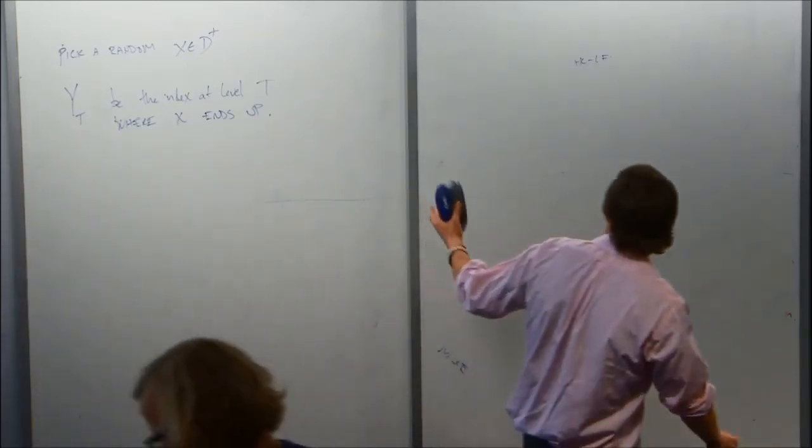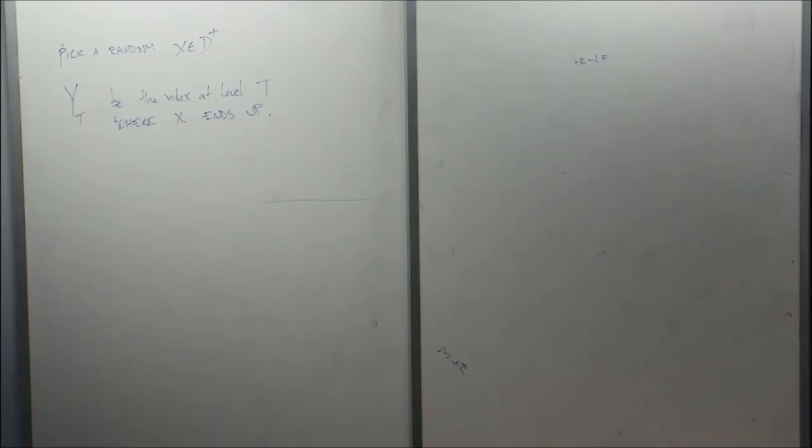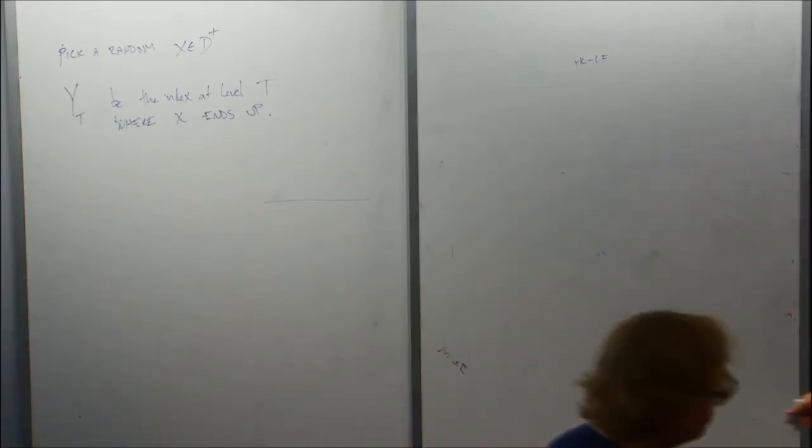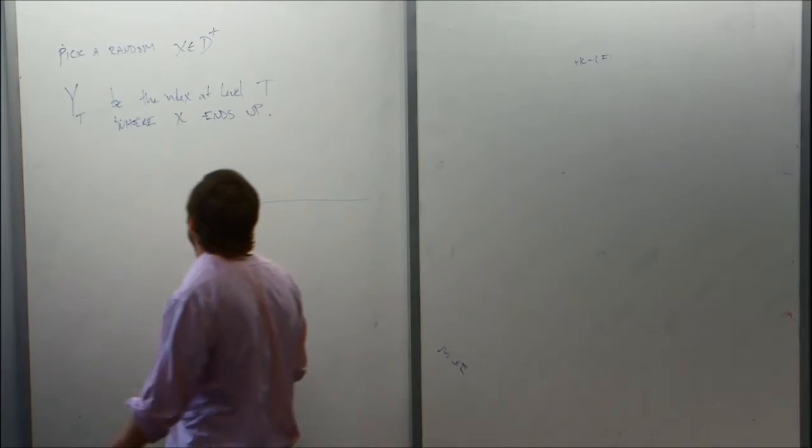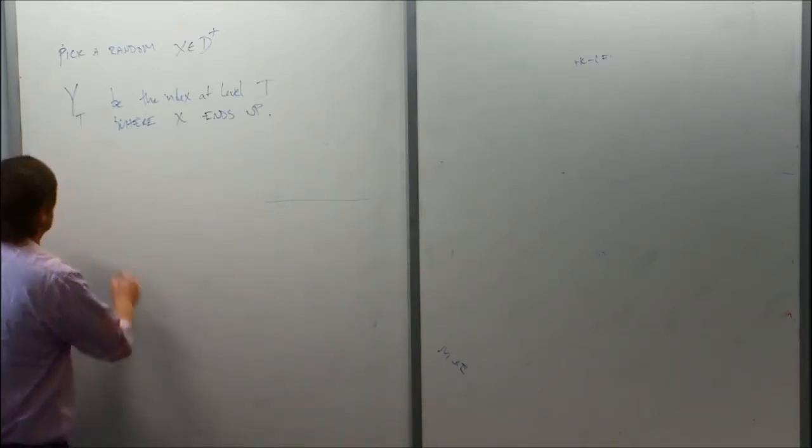So x is a random draw from the positive part of the distribution, and y sub t is a random variable corresponding to the index at level t where x ends up.